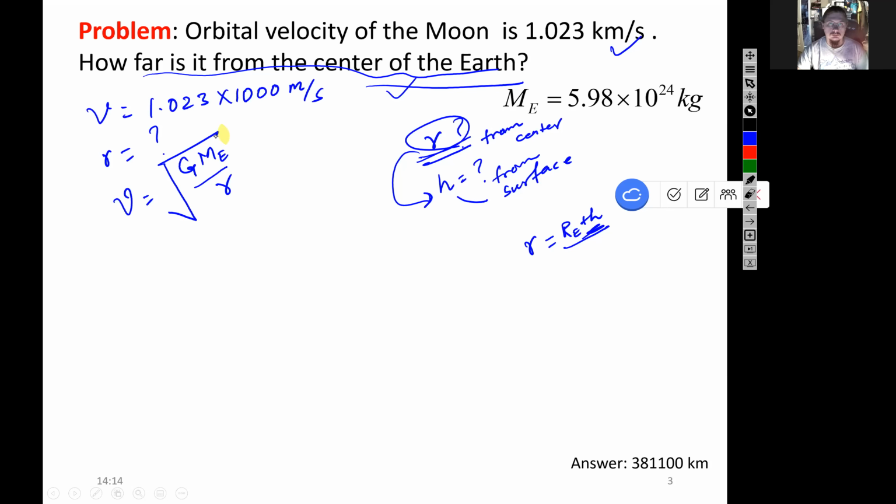You plug that G in there, mass in there, and that speed in there, and you should get R. And you're going to get that in meters, okay? You can convert that into kilometers by dividing by 1,000. And that's what you should get, I think.